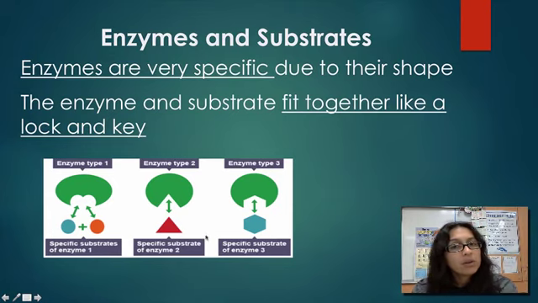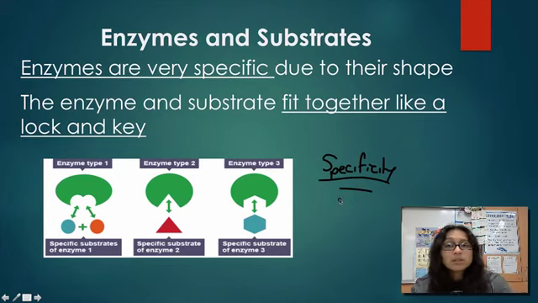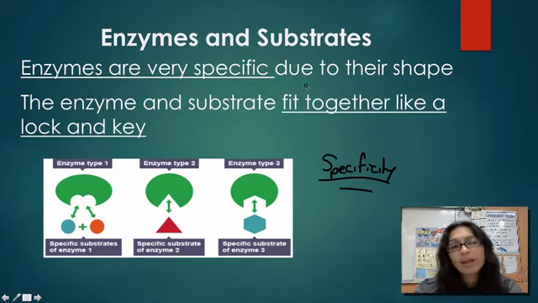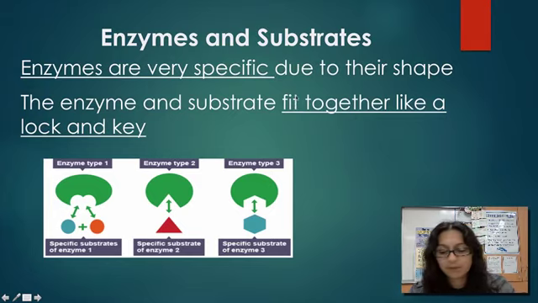This lock and key model is really good for understanding specificity, and the fact that enzymes will only bind with certain substrates, but that's not quite how enzymes work. So that's really important right there. But it does help us understand that enzymes are very specific.